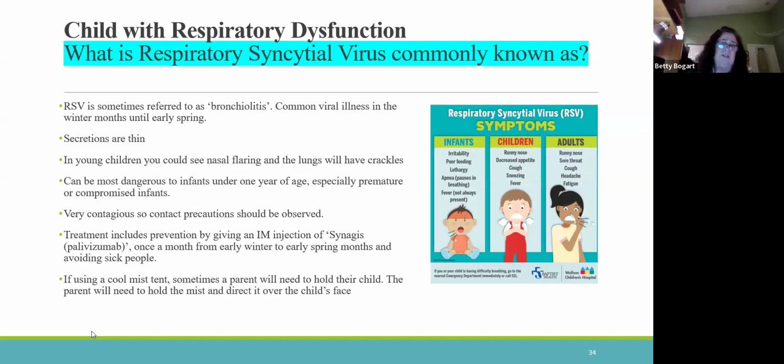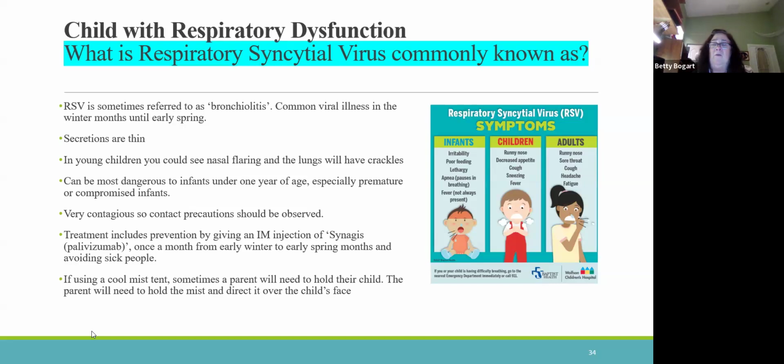One of our concerns with that is that child who is already immunosuppressed, like a premature child, a cardiac child. So we want to prevent it. It is very contagious.